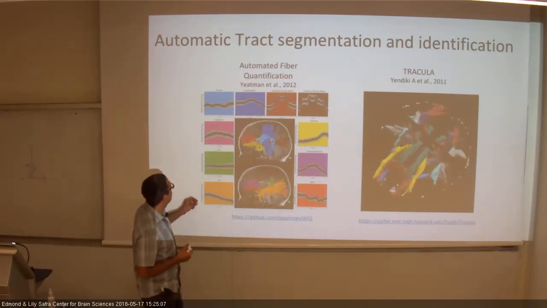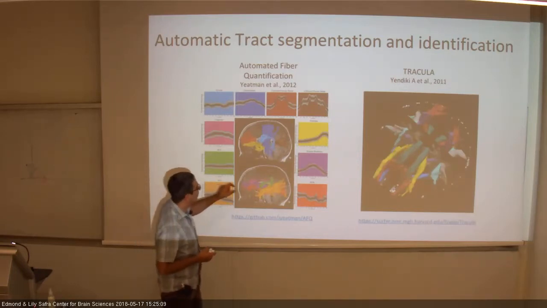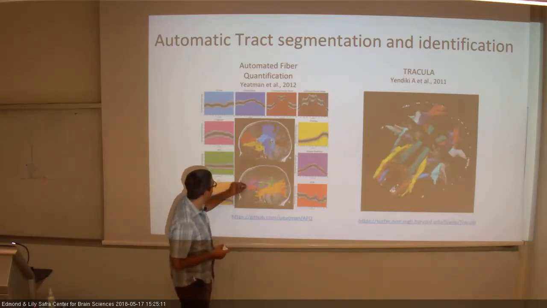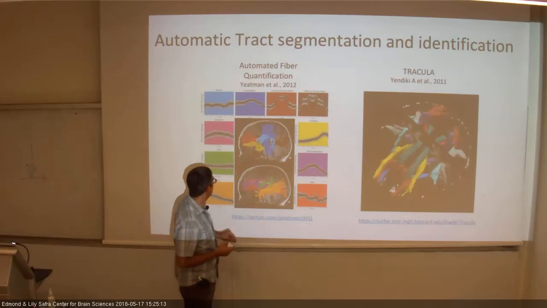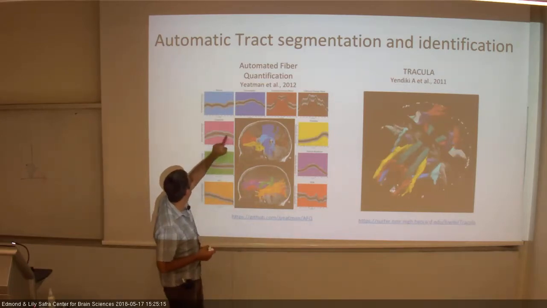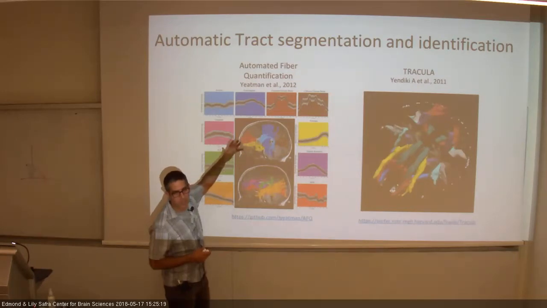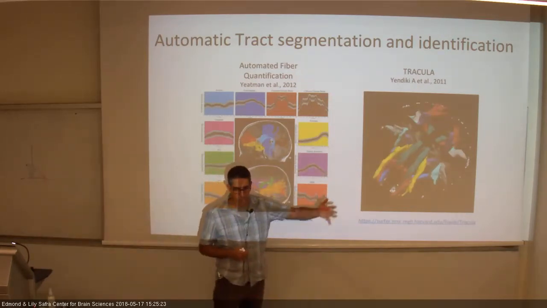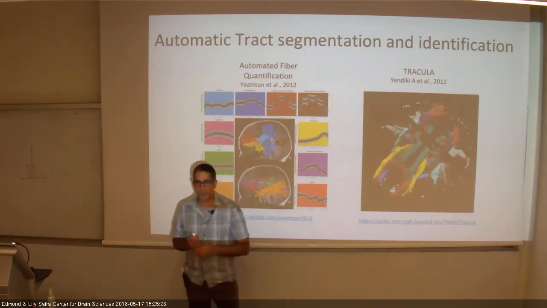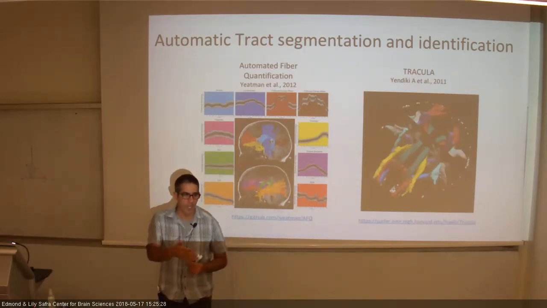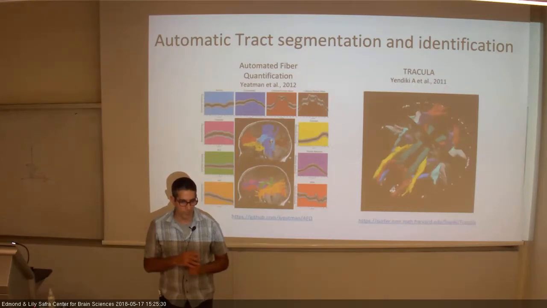Typically they would find the track here, and then ask what is the FA, the fractional anisotropy, along the track between individuals, and maybe compare one group to another group. So that gives us a tool to look at the FA in a particular track, the SLF or the ILF or whatever you care about.